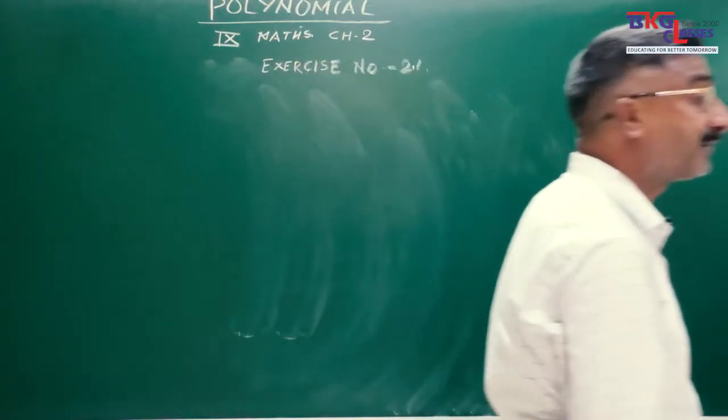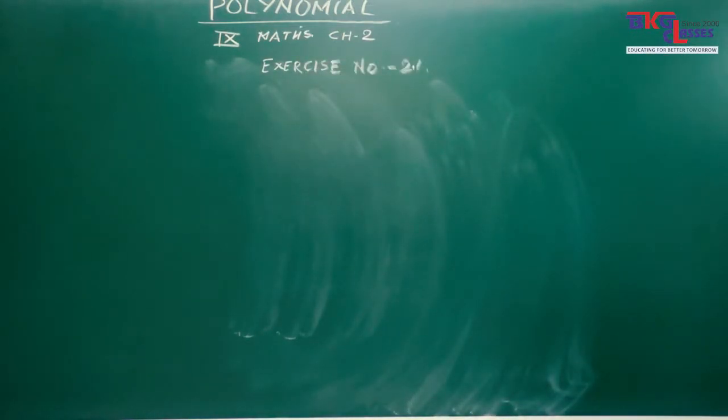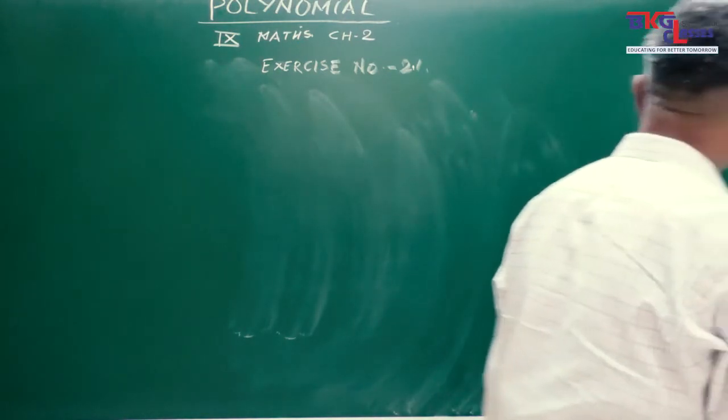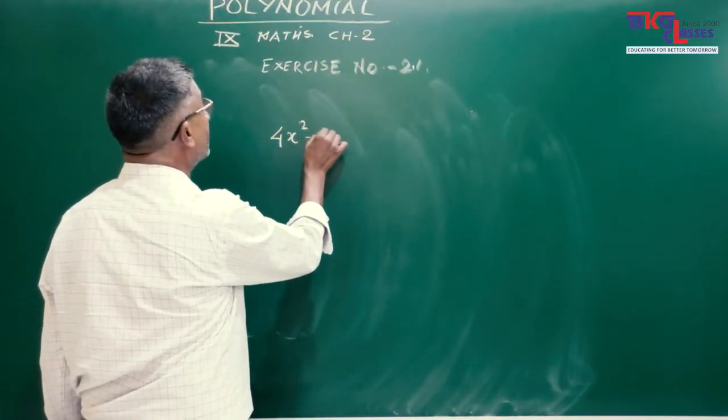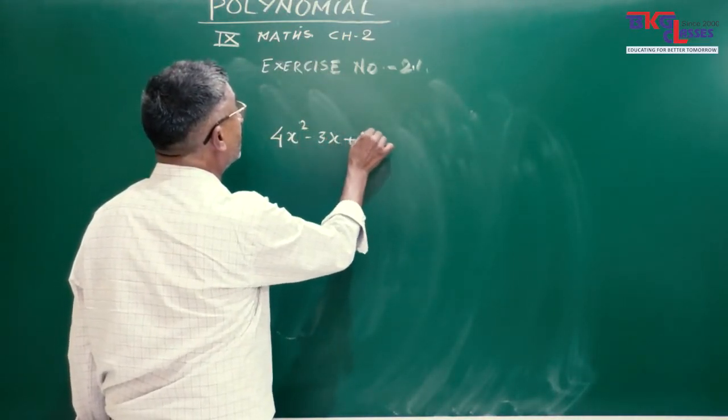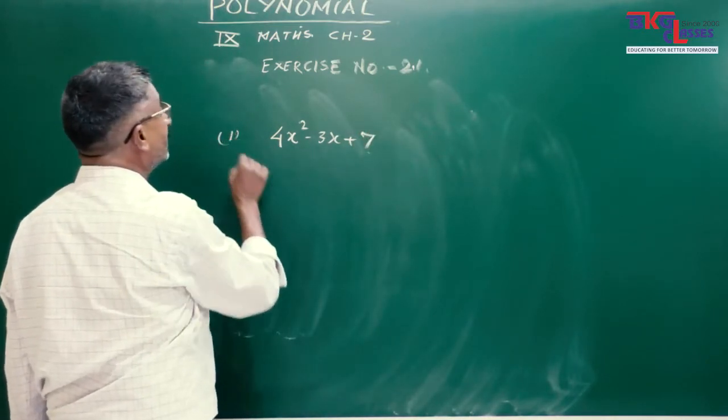Problem number 1: which of the following expressions are polynomials in one variable, and which are not? So the first expression is 4x square minus 3x plus 7. This is the first one.